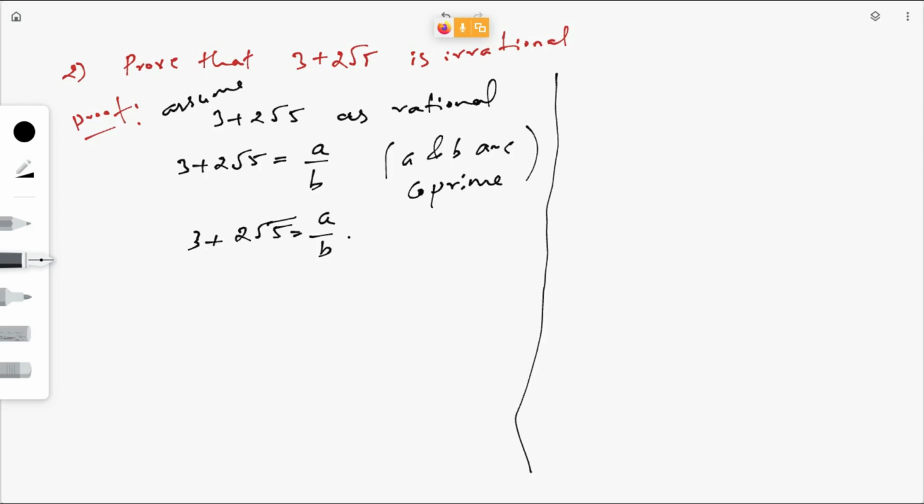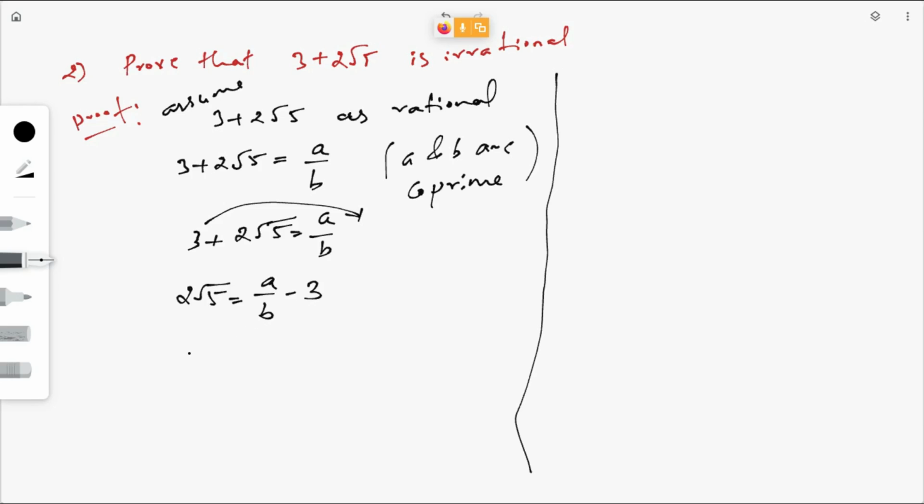How can you take these two numbers to the RHS? See here, 2 root 5. If I take this 3 to this side, then you will get a by b minus 3. Yes or no? Any doubts? If you take this 3 to the RHS, you will get minus 3.